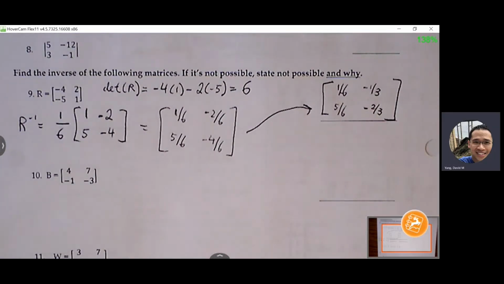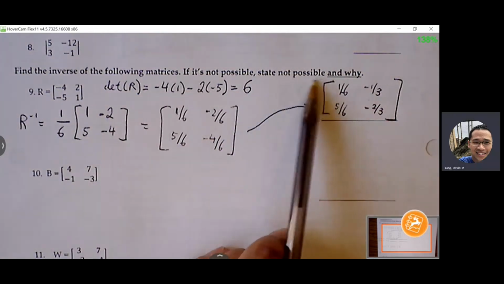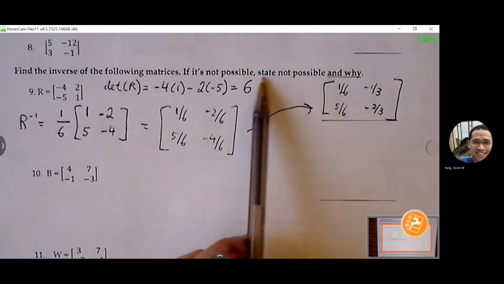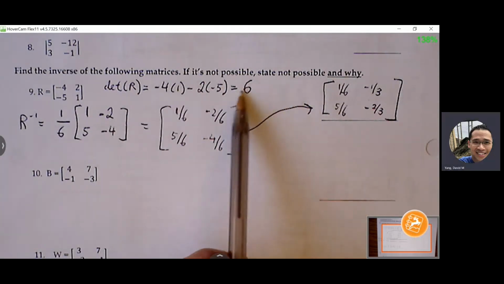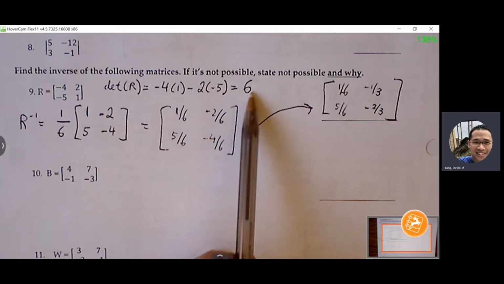Okay, any questions with 9? So what situation would an inverse not be possible? Yeah, if your determinant is 0, then that means your matrix is singular.